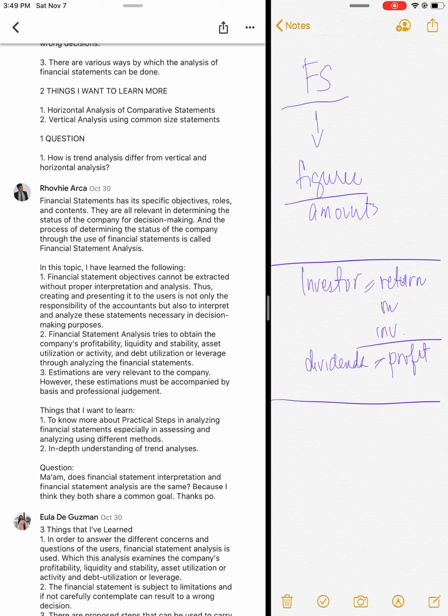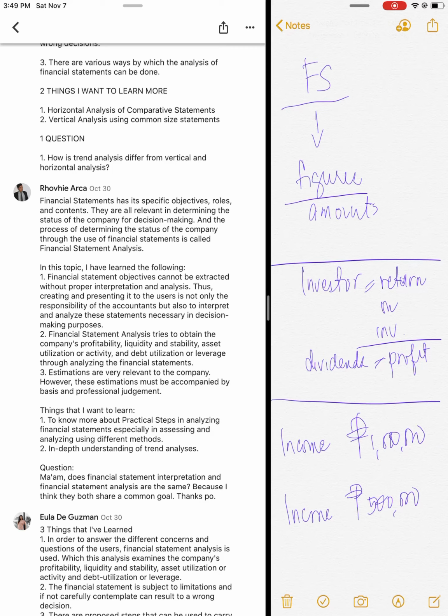Ngayon, if you look at the financial statement ng isang company and you see that the income, for example, is 1 million. The income of the company is 1 million. Another company, the income is 500,000.